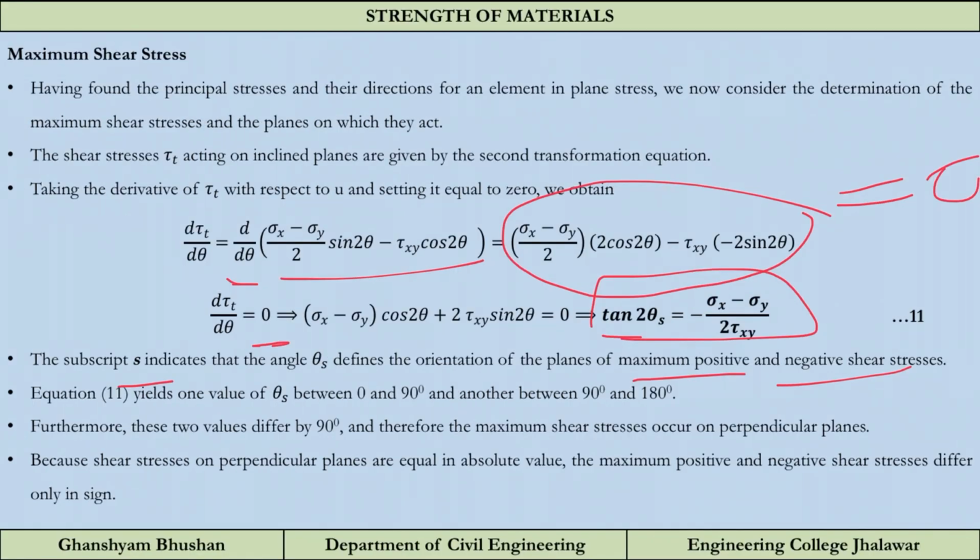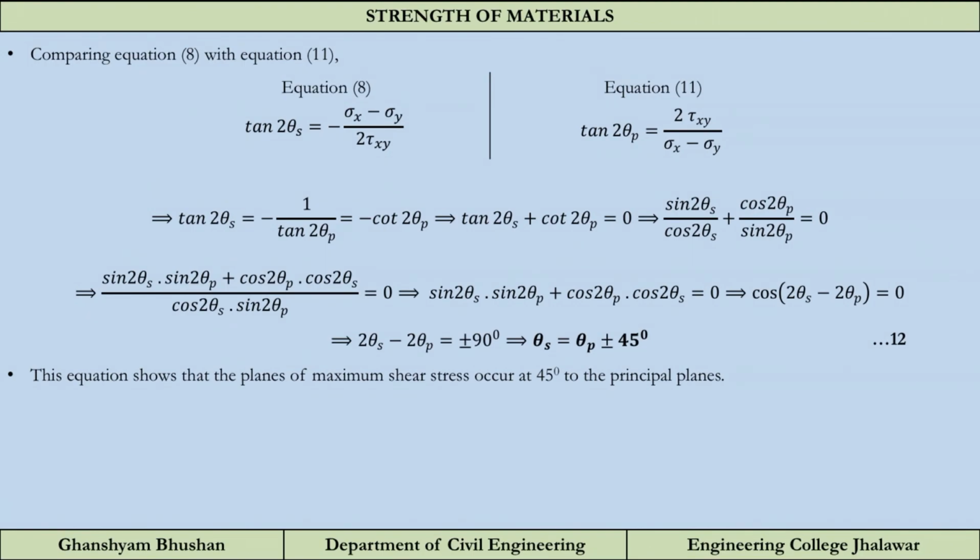Let us now move forward. We want to check the difference between theta s and theta p, the plane of maximum principal stress and the plane of maximum shear stress.